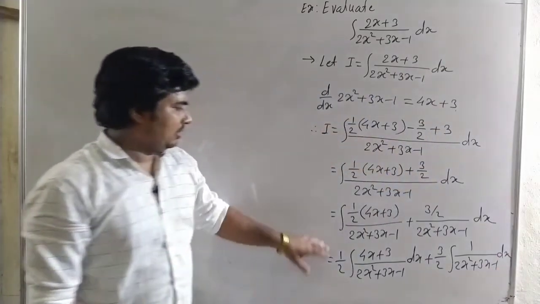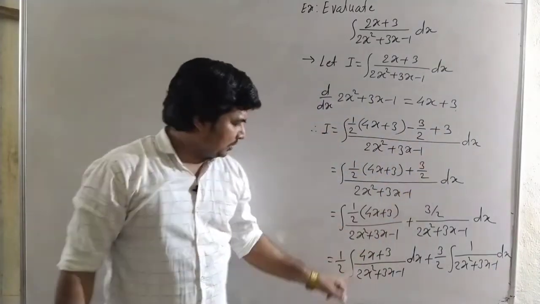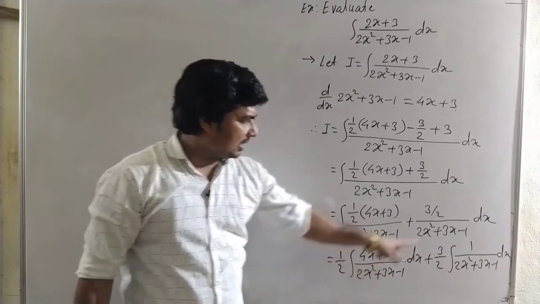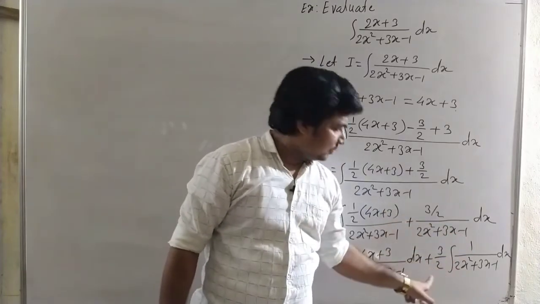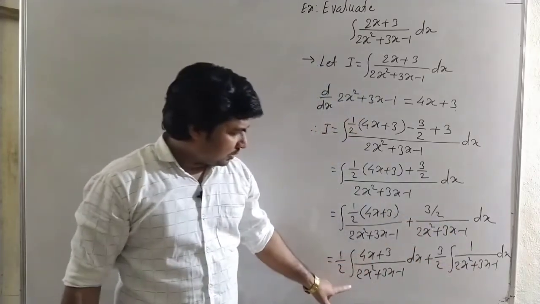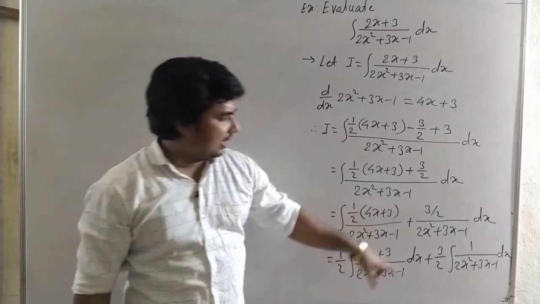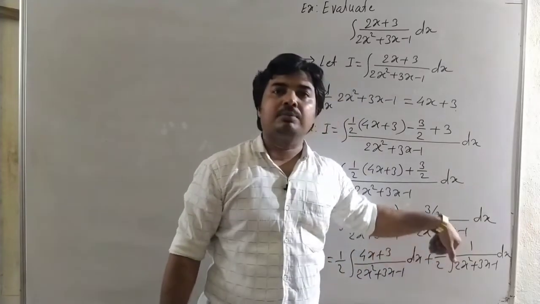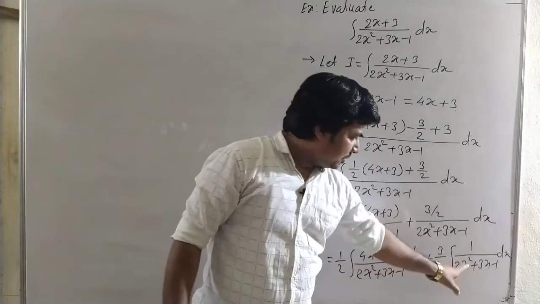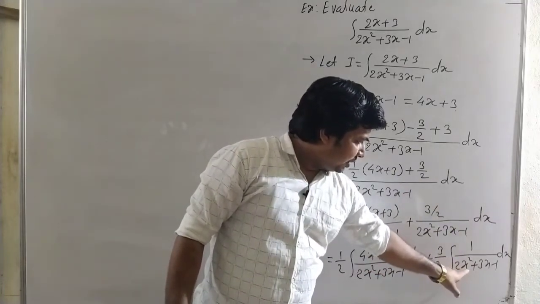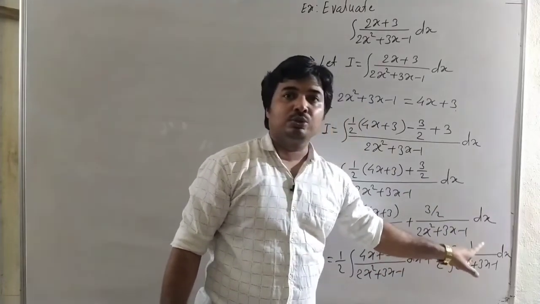And now here we get the two integrals: f dash of x upon f of x, and 1 upon quadratic function. So f dash of x upon f of x gives a log of f of x, and for 1 upon quadratic function, by the completing square method we can solve it. First, for completing the square, the coefficient of x square is equal to 2.